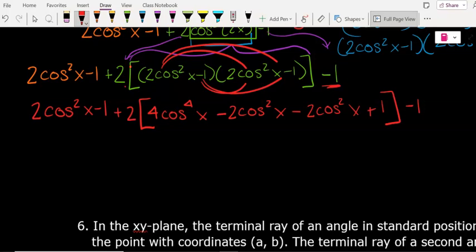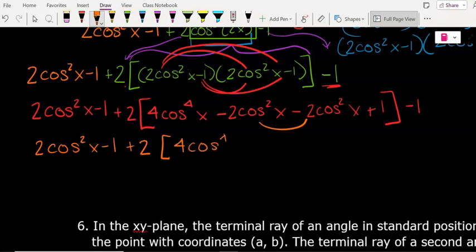All right, so now what we're going to have to do is go ahead and combine like terms where I can. I've got 2 cosine squared x minus 1 plus 2. And so inside here, this right here is going to combine together. So I have 4 cosine to the 4th x minus 4 cosine squared x plus 1.